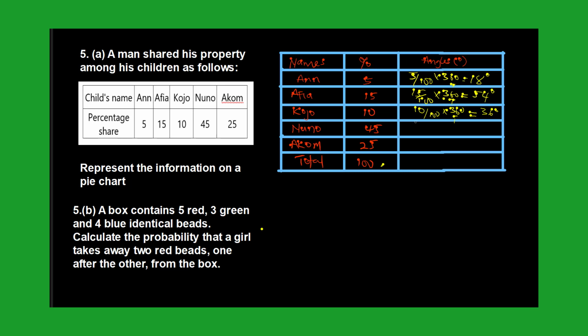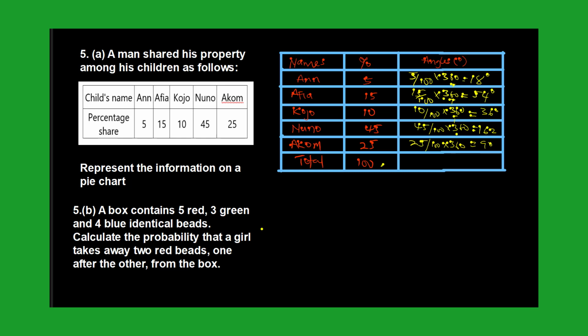Then Nono will be 45 over 100 times 360, that's 162, being the highest. Then Acom will be 25 over 100 times 360. That will give us 90 degrees.